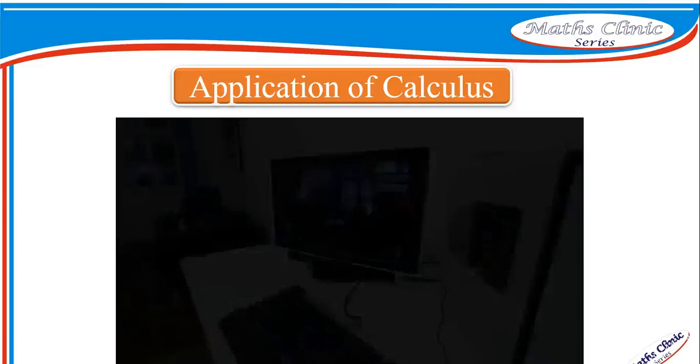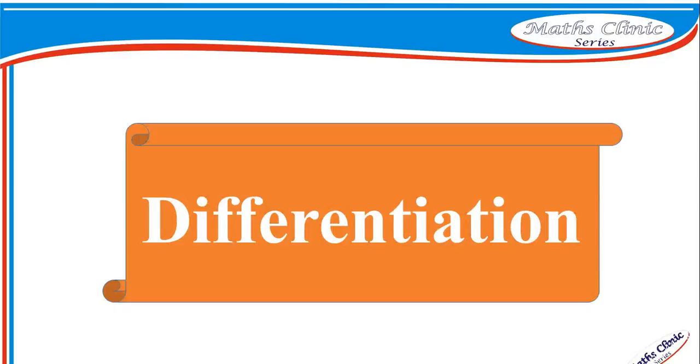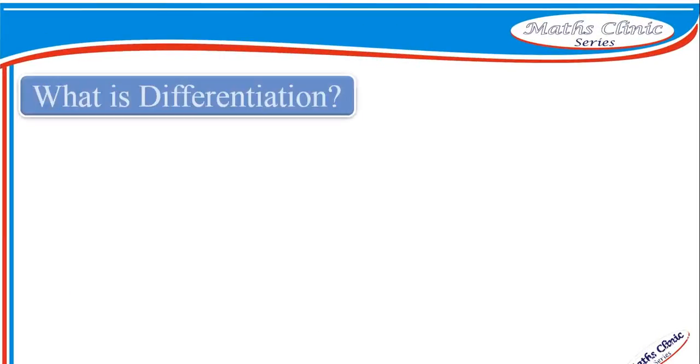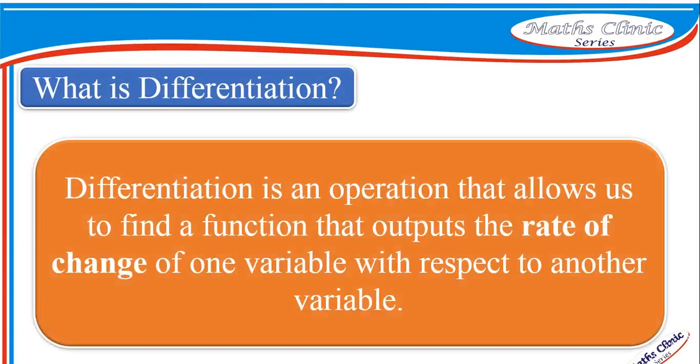Now let's look at what differential calculus is all about. So let's look at differentiation. What is differentiation or differential calculus? Differentiation is an operation that allows us to find a function that outputs the rate of change of one variable with respect to another variable.